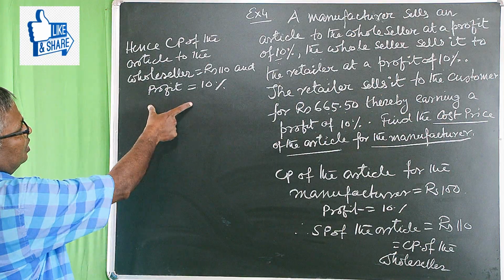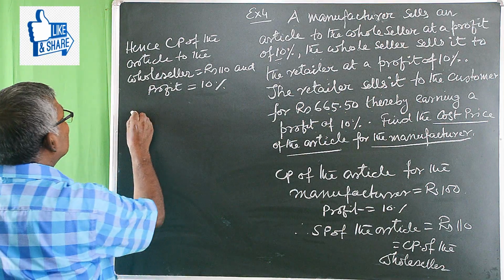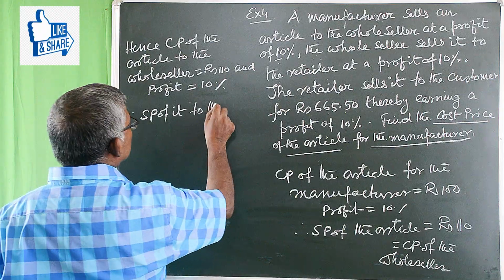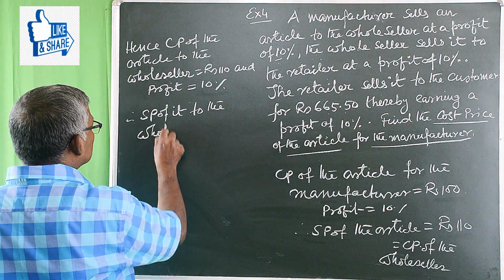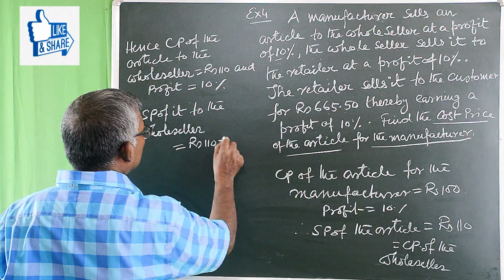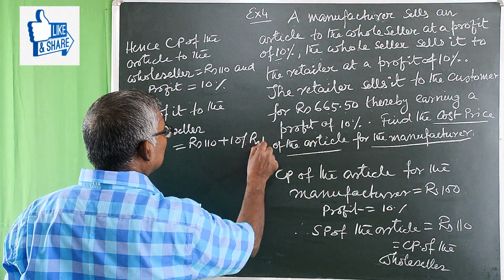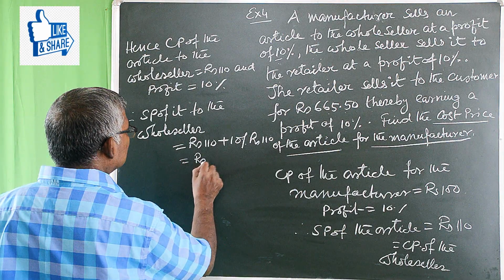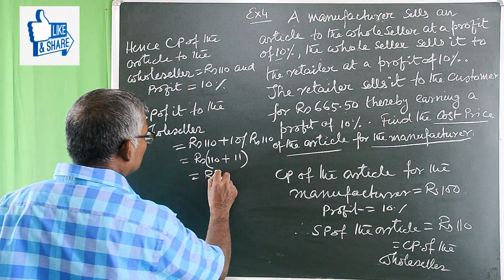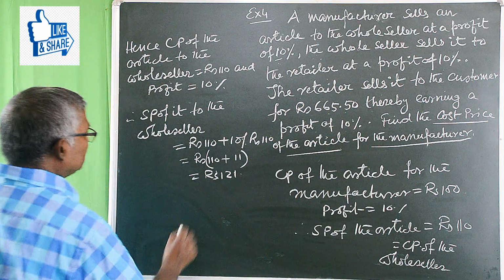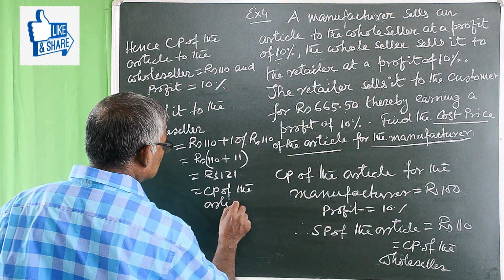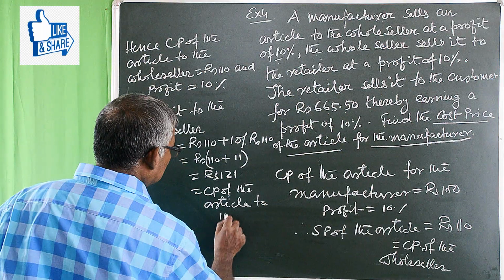Since he sold it to the retailer at a profit of 10%, the SP of it to the wholesaler equals rupees 110 plus 10% of rupees 110, that is rupees 110 plus 11, equal to rupees 121, which is the cost price of the article to the retailer.